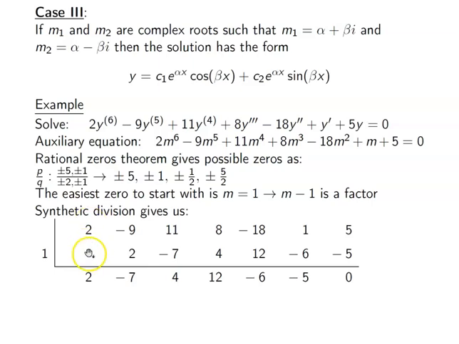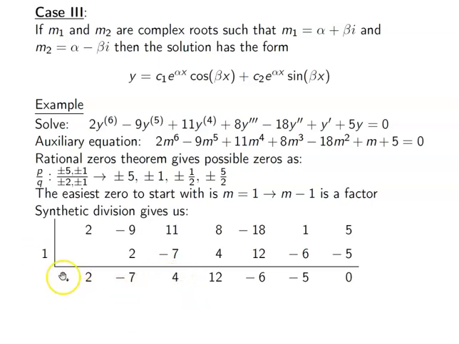So first thing I do is add those together and I get 2. So the 2 always drops down. I multiply those together, I get 2, and that's what goes here. I add these, I get negative 7. I multiply that times the value here, that's negative 7, so I put that here. I add, and get my result of 4.